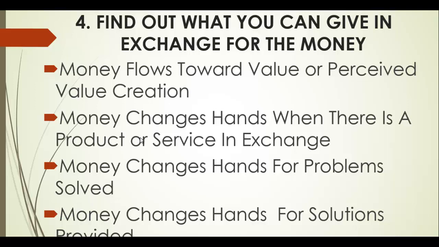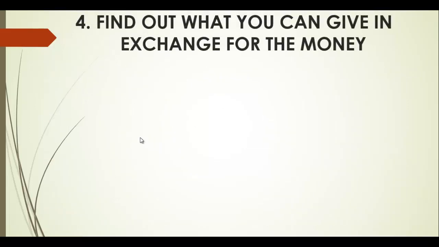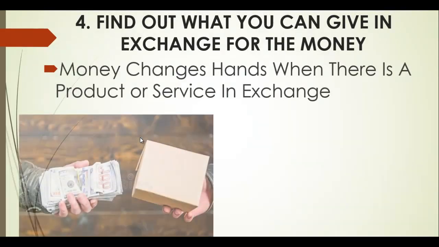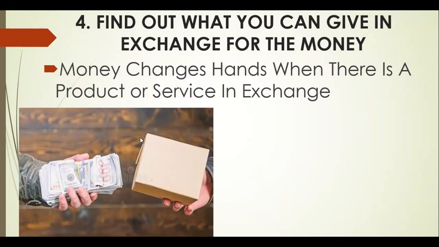So that is the fourth step in the money-making blueprint. So number one, know where the money is. Number two, crunch the numbers. Number three, you must know where your target audience is. And number four, find out what you can give in exchange. So money changes hands when there is a product or service in exchange.